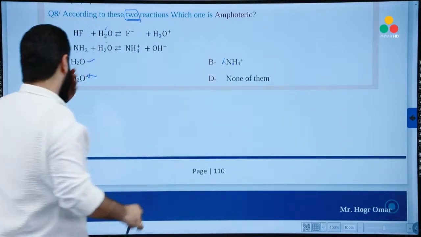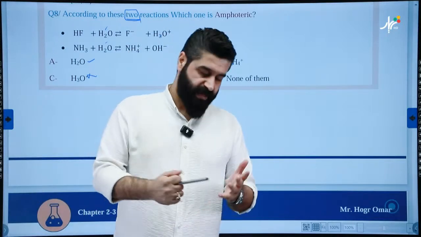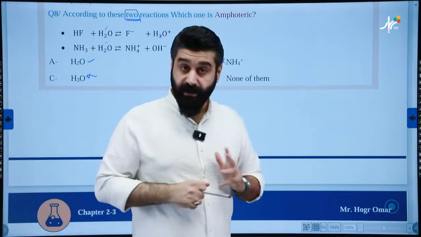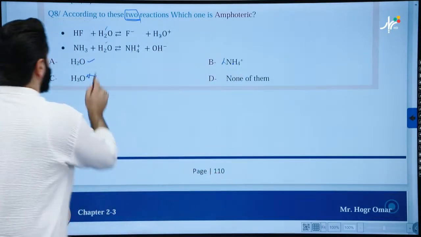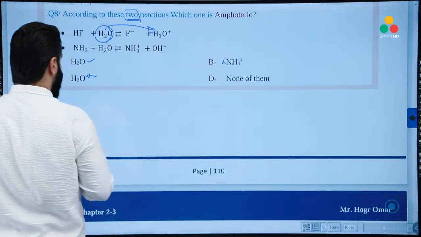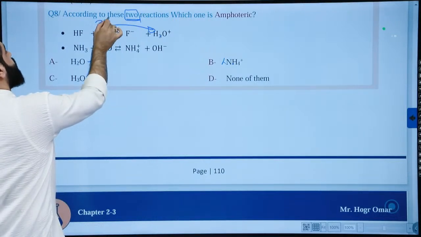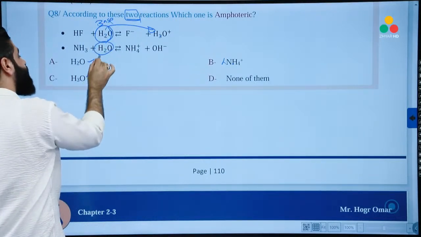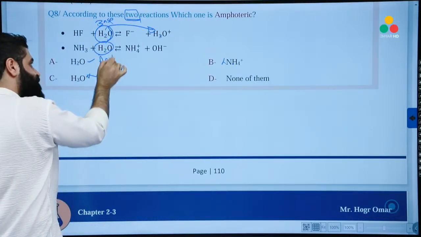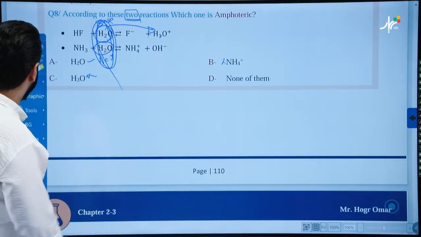And then the substance must act as both acid and base: in one reaction it must be an acid, in the other a base. Let's see, H2O here is a base, good. But here, it's an acid. So H2O is amphoteric according to these two reactions.